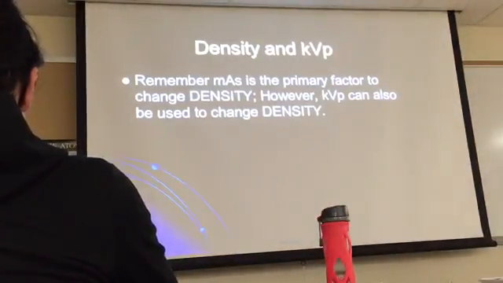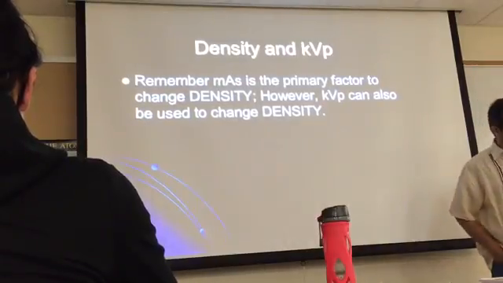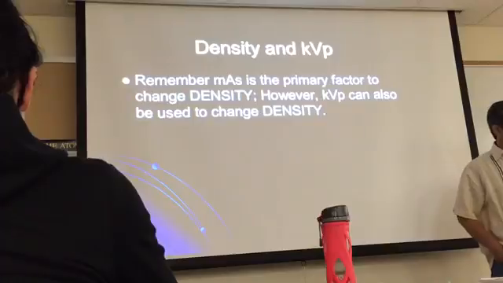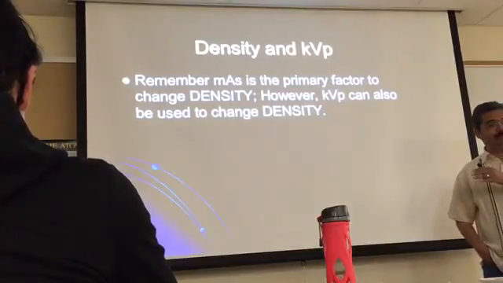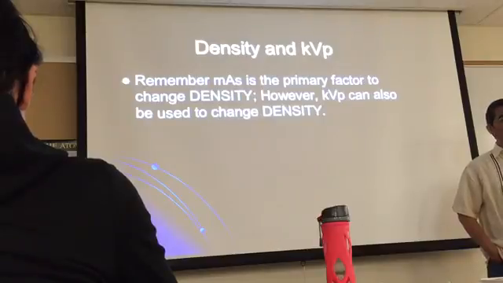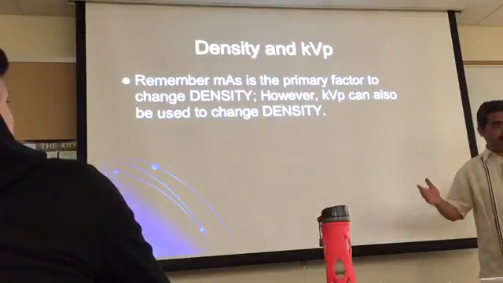All right, I'm done with density and mass. We good? Density and mass are directly proportional if it is film. Mass and exposure are directly proportional in any system, right?